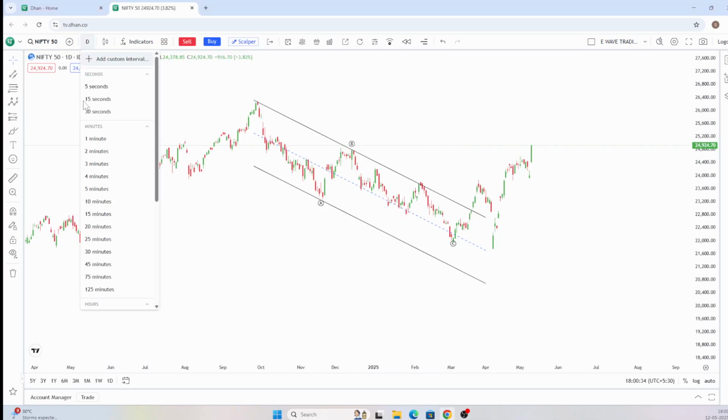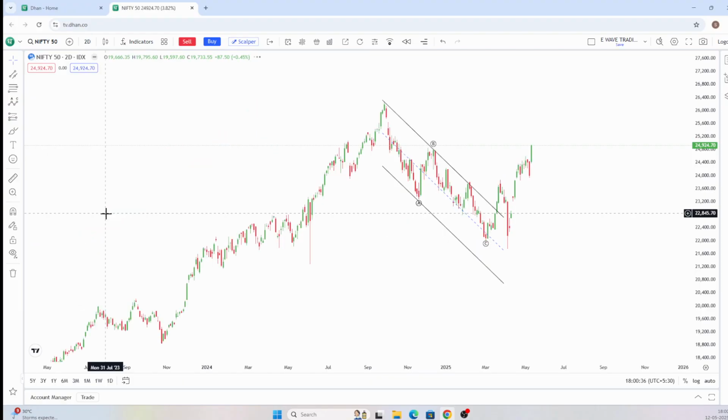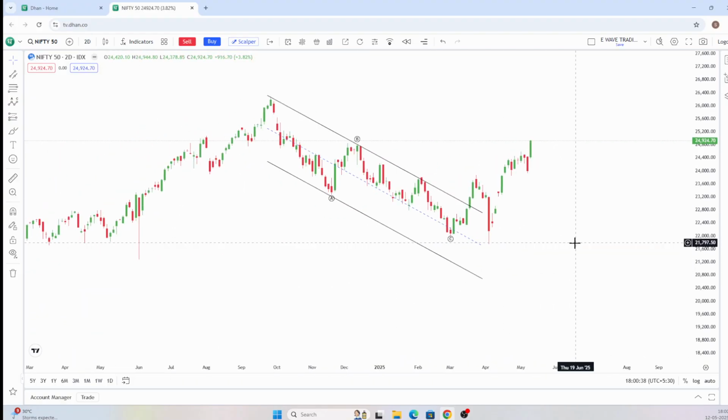But when you compress the data, when you say I want to see it on 2 days, on the 2 days what happens is this becomes low, this becomes 1, 2, 3, 4, 5, and it shows that it has ended the 5 waves here. But the data is data, we can't help it. Okay, so again this becomes a new low here when you put the 2-day data.